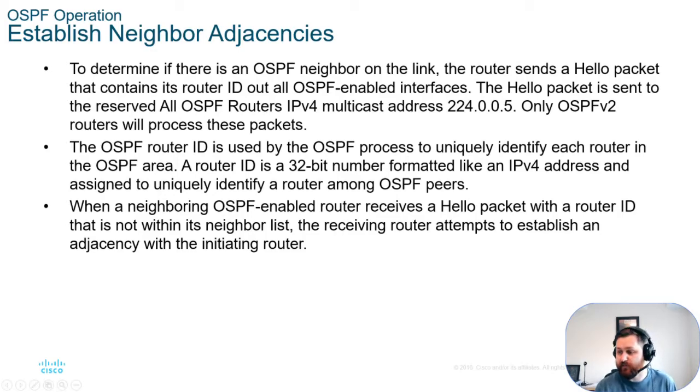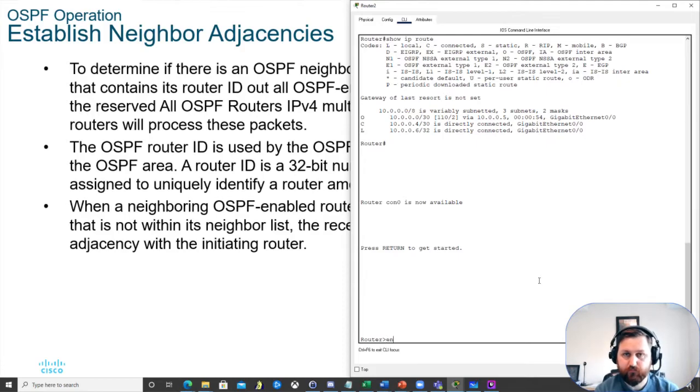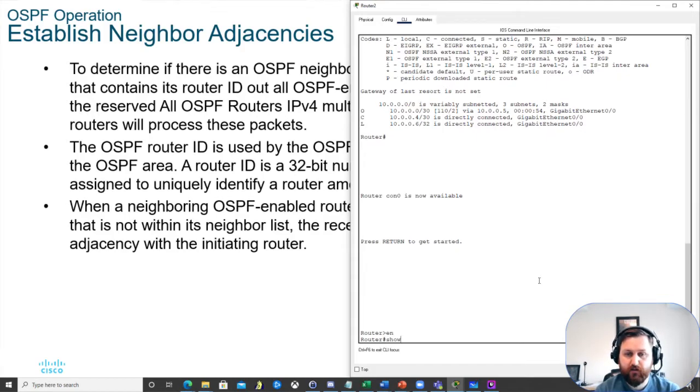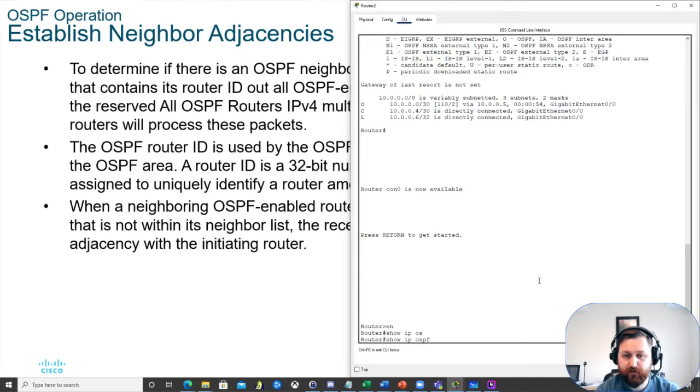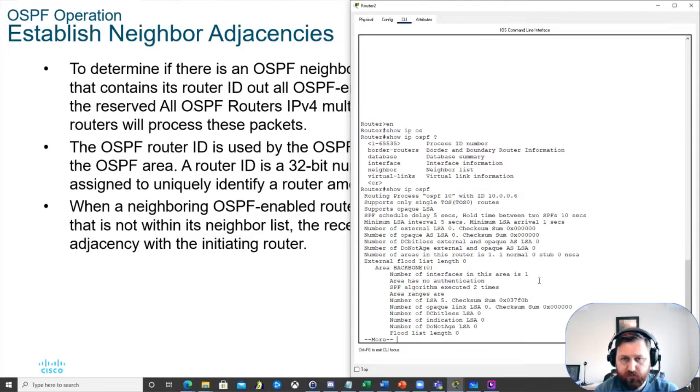So if we take a look at, say, router 2 here, I can say show ip ospf, and we can see my router ID is 10.0.0.6.